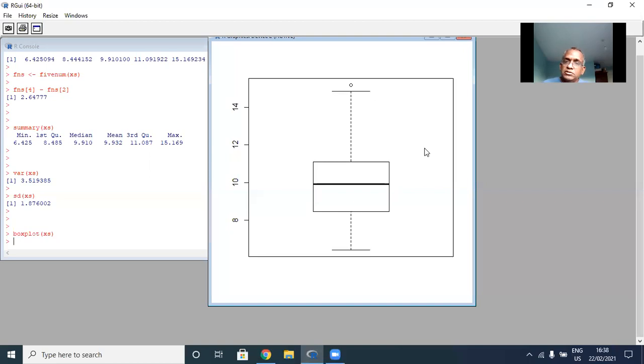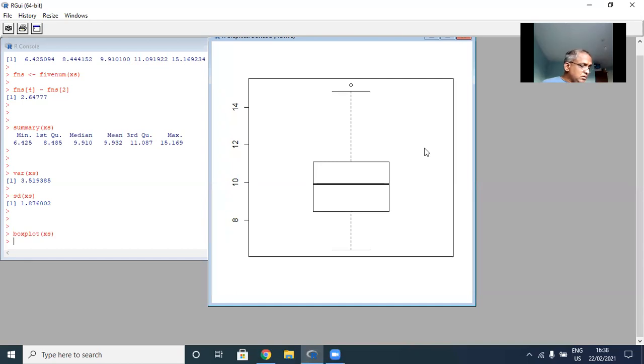It kind of shows that it's slightly skewed, because the median line is not halfway between the first quartile and the third quartile. If the distribution is symmetric, you would expect the median line to be halfway, but it's not. It's kind of shifted. So it's only slightly skewed, right?